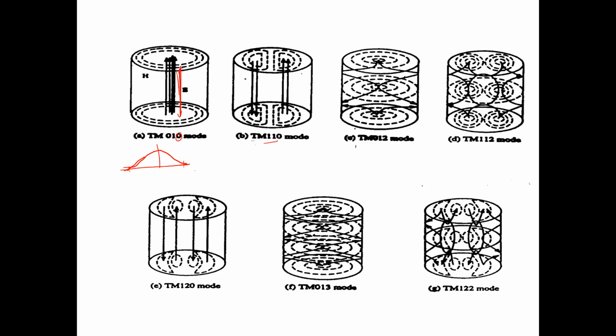Similarly, if I go to TM110 mode, this is telling you that I am going to the first order Bessel function, of order 1, and I'm going to its first zero, but the first term starts from 0 in the center, so it goes to the outside and then I'm just going to the 0, and similarly, if I take a cut, it will be 0 on the other side.